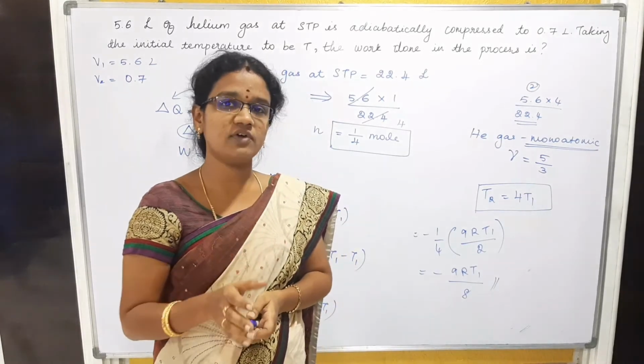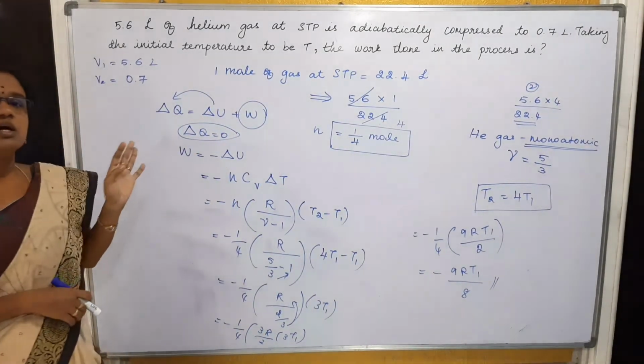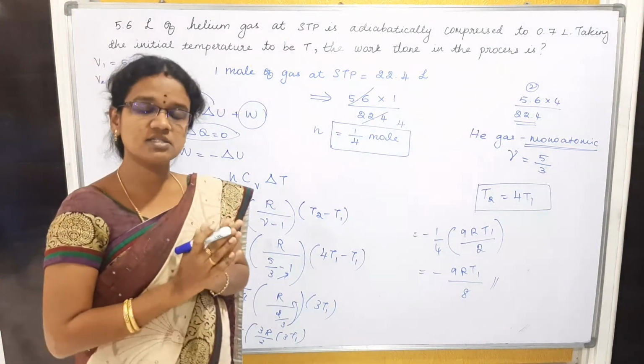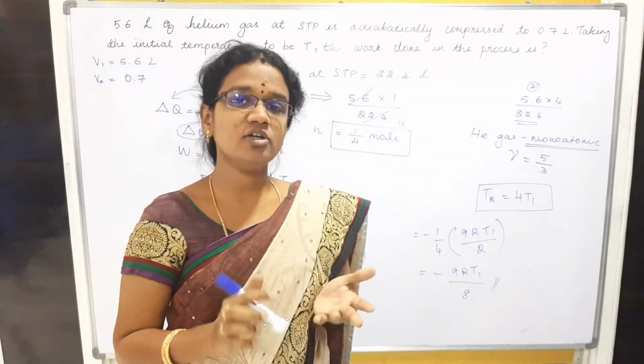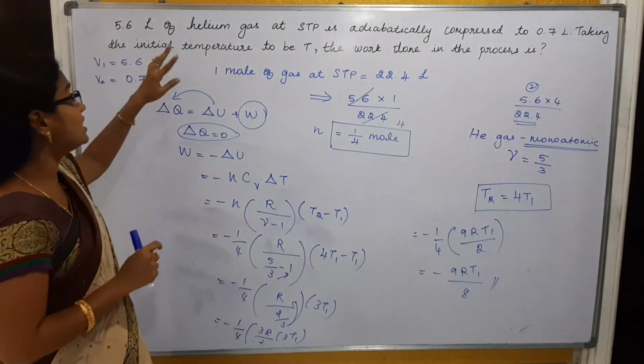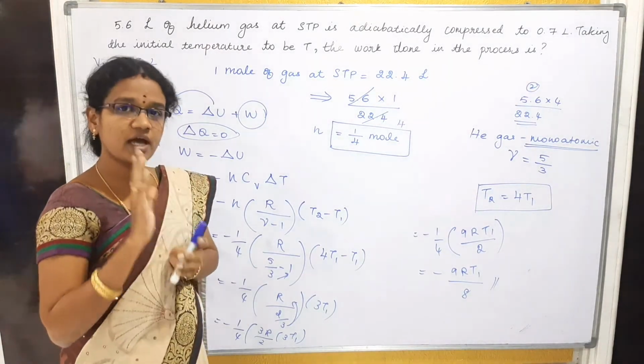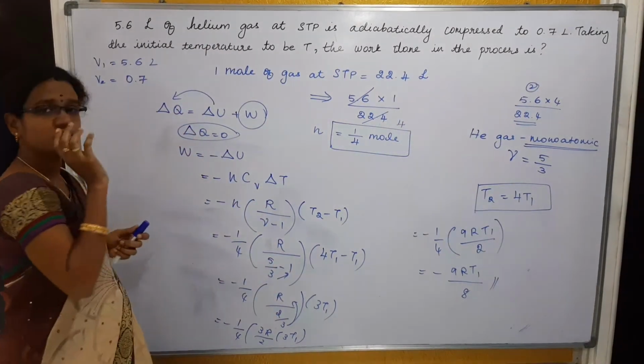We have to note that value, and in order to get the comparison, we have to know that PV to the power gamma is also equal to a constant. You have to compare what the question means. They haven't given the direct comparison; they haven't mentioned whether it is monoatomic or diatomic.